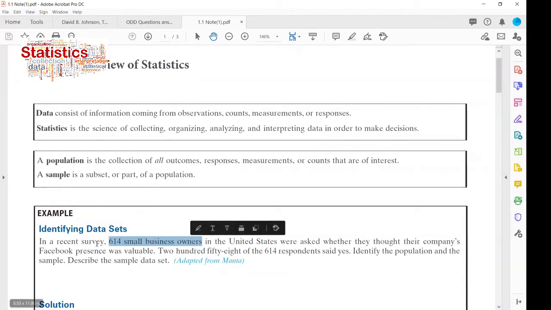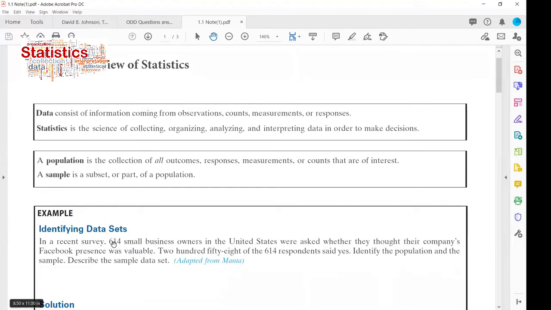Guys, be careful, read it carefully. In a survey, 614 small business owners in all United States are asked whether they thought their company's Facebook presence was valuable or not.